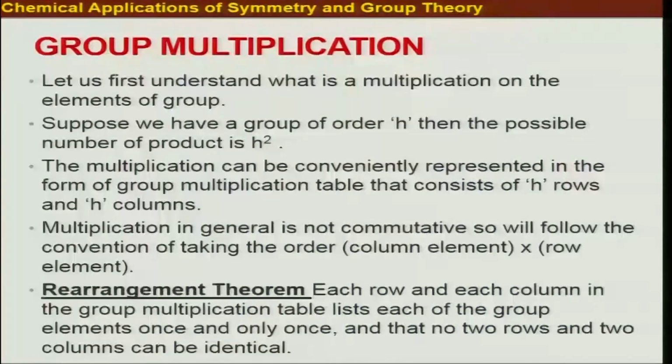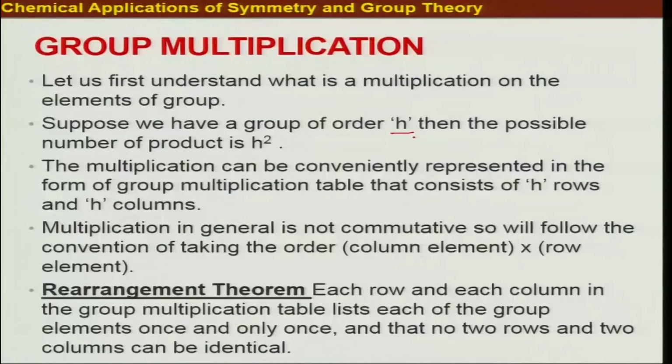On your screen, if we take a group which has an order h, you know what the order is? Order is the total number of elements in a group. That means, in the case of a point group, the total number of symmetry operations in the point group is the order of the group, which is represented by h here.